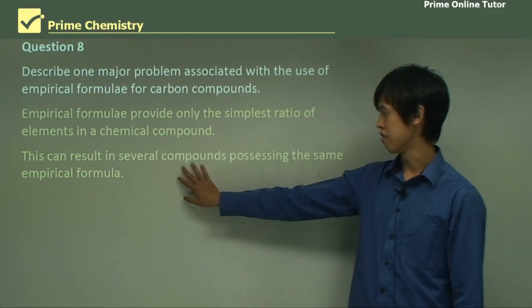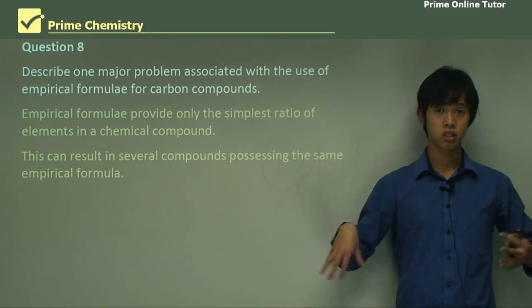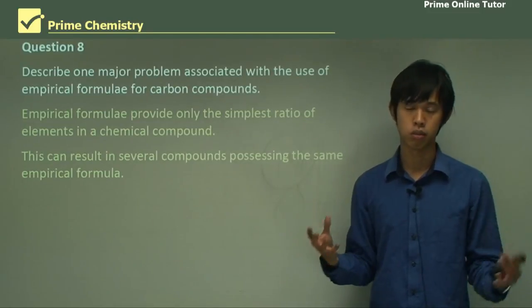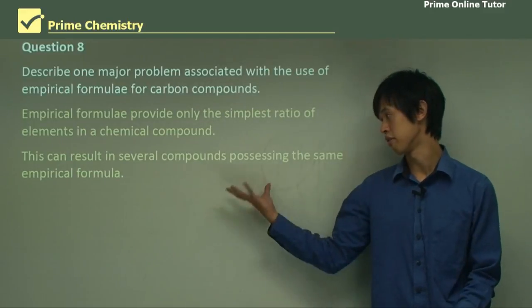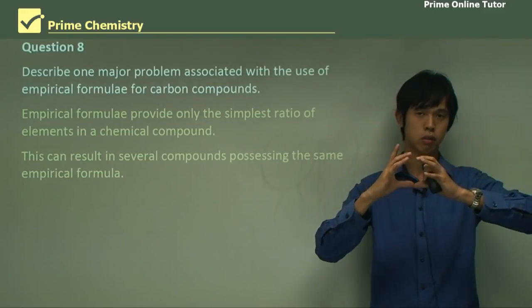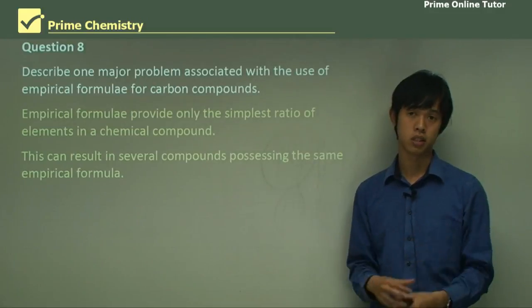This can result in several compounds possessing the same empirical formula. Lots of different chemicals could have the same empirical formula but different numbers of carbons, hydrogens, oxygens, because it's just the simplest ratio.